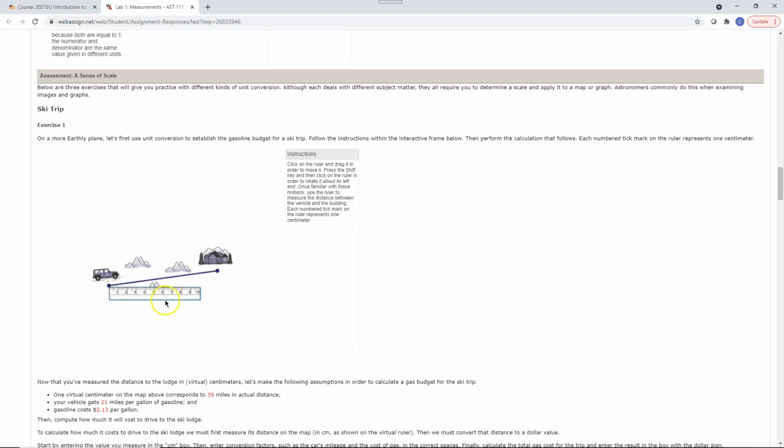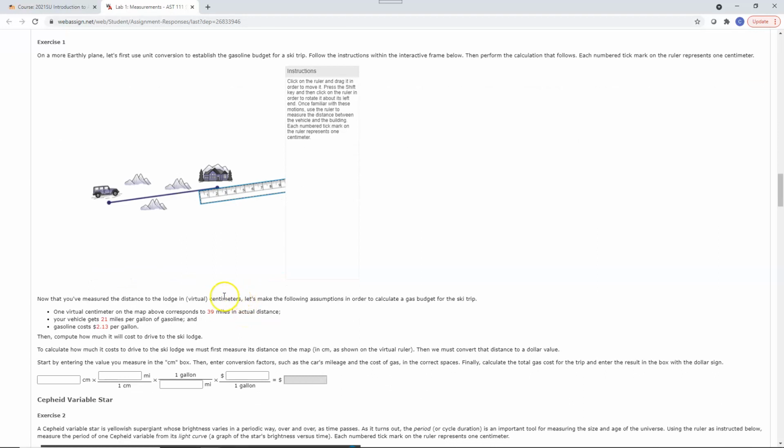Then if you press the shift key, you can drag it up on the line so you can actually measure how many centimeters we're going from the start to the finish. Well, I know it's a little bit short, so got to keep an eye right there. So we're at 10 centimeters right now. I'm going to move it to right about there, and that gives us 12 centimeters.